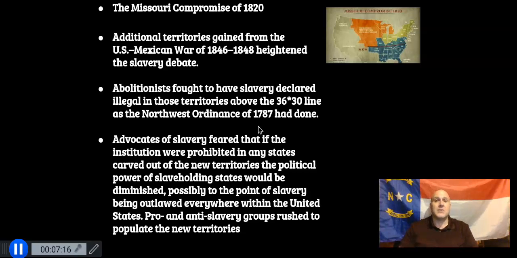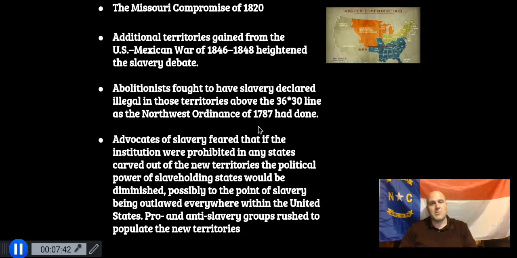In order for the Missouri Compromise to happen, you have Massachusetts, who decides to break off a big part of its area in the northeastern part of the United States. They call it Maine, so they allow Maine to come in as a free state. They allow Missouri to come in as a slave state, and then they decide slavery from there on out above that 36-30 line. Remember, if you're above that 36-30 line, you're a free territory, you're a free state.